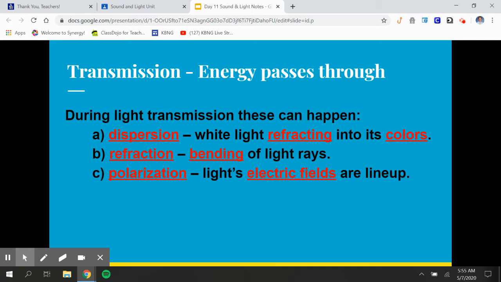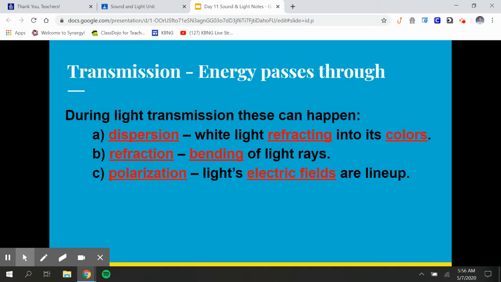So that's where normal white light that contains all the different colors of the rainbow gets split into its different components. There's also refraction, where that's the bending of light rays. Things can get a little bit goofy. They can look a little bit odd. Remember, we had that pencil in the water example from a couple days ago.